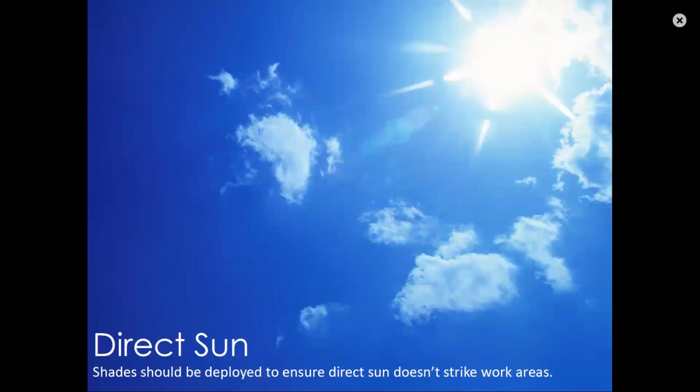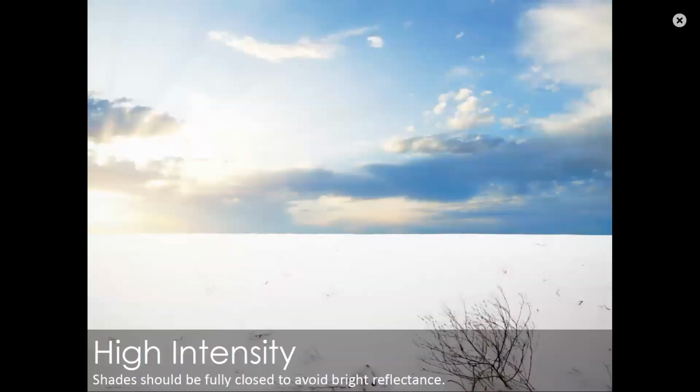The first is direct sun, and most importantly, the shades should be deployed to keep direct sun off occupants and the work plane. We also think about high intensity. So direct sun can cause significant glare when reflected off bright surfaces such as snow, a reflective building facade, or a body of water.